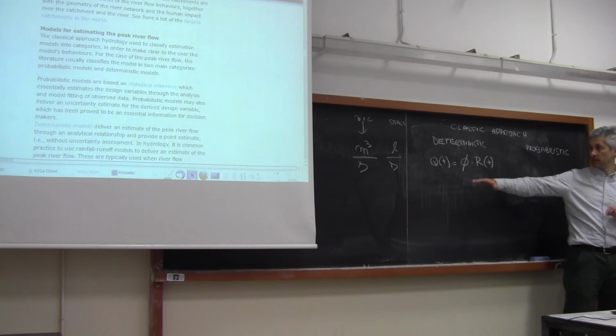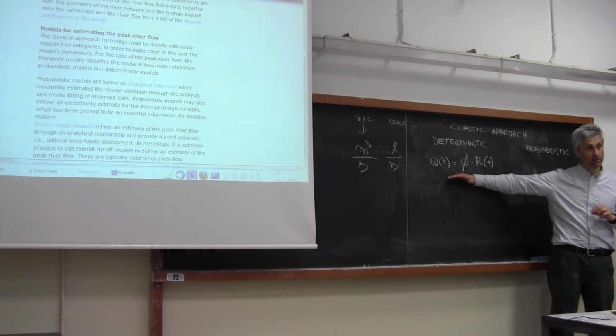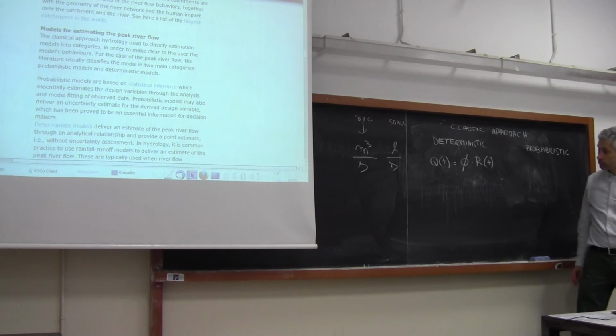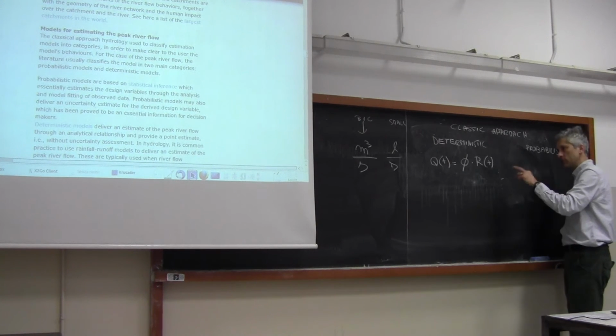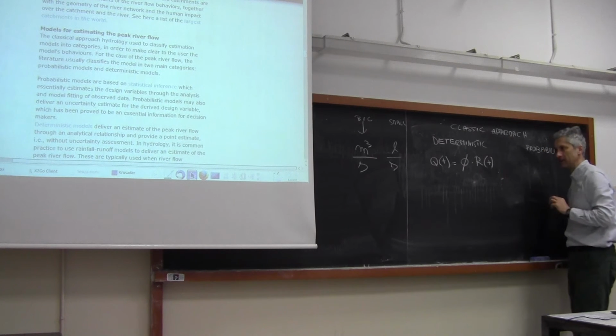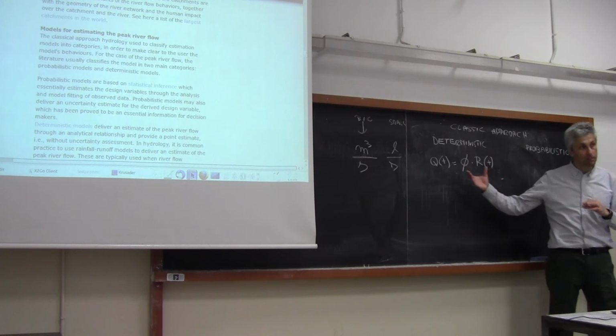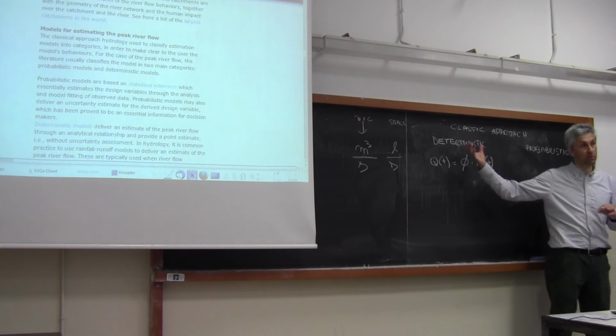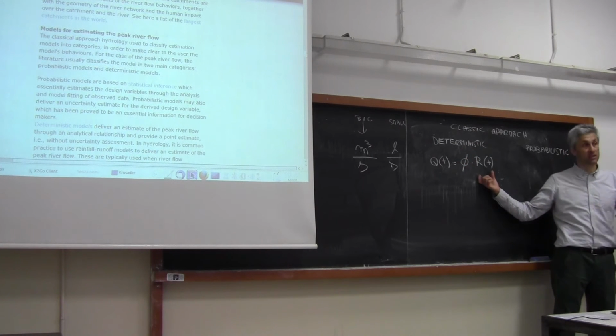And indeed, I need to define what is Rt in order to make this model understandable to you. Rt is rainfall intensity per unit area. Rainfall intensity times the area.